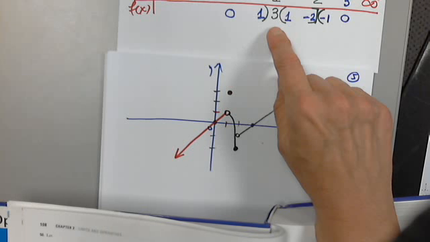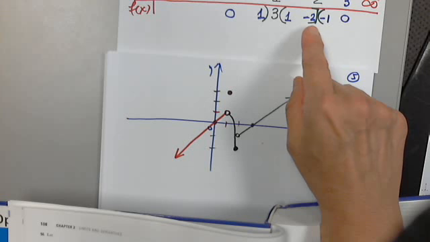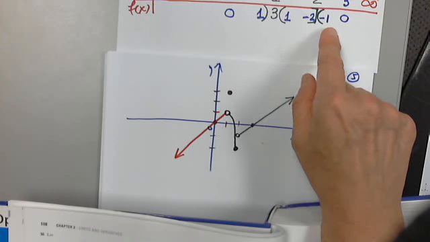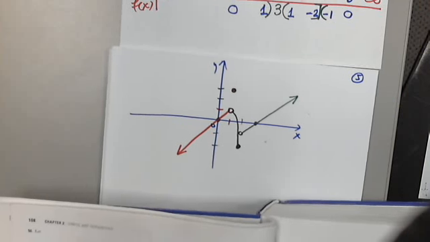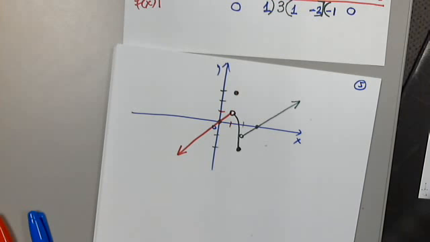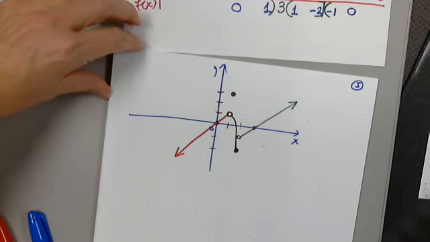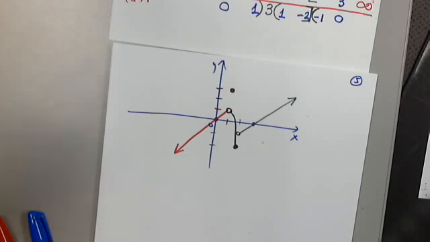Very good. Limit of g of x as x approaches 2 from the left, 2 from the right, and 2 from either side. Correct. Good. Anything else?